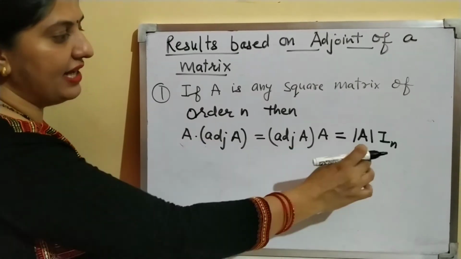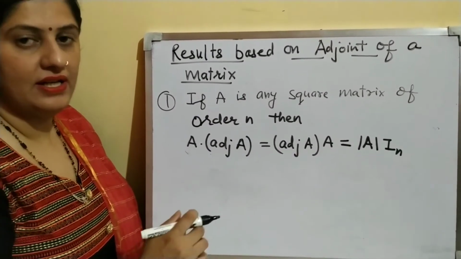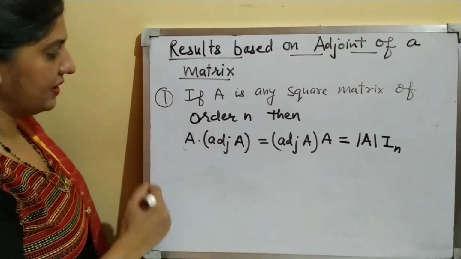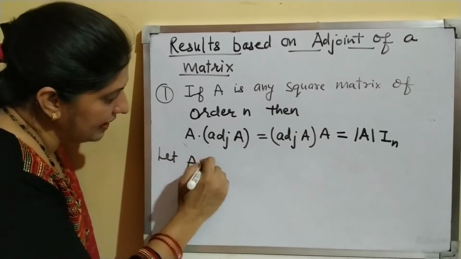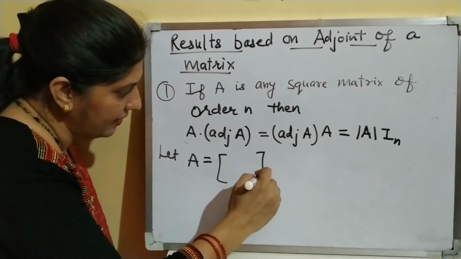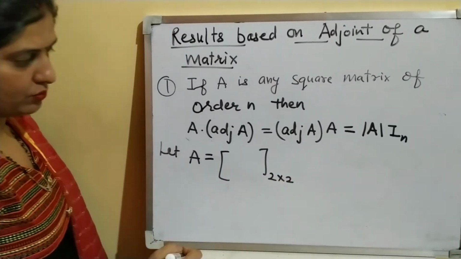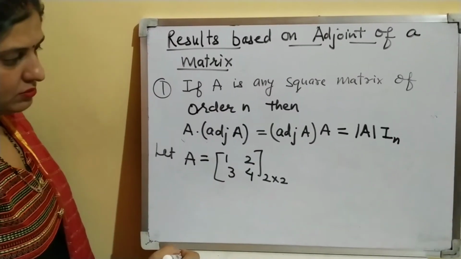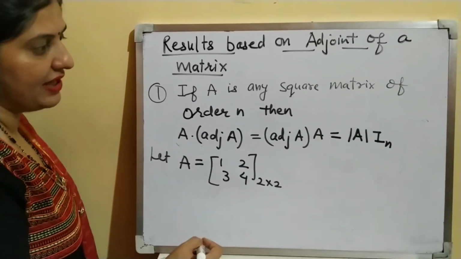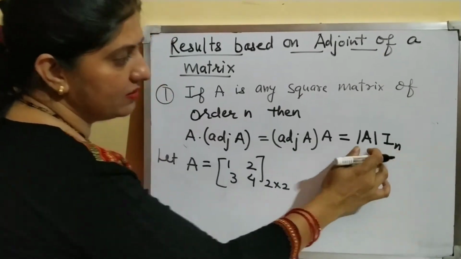We can verify this result with the help of an example. See here. Let A is equal to any matrix of order 2 by 2 with entries 1, 2, 3, 4. Then you have to verify the result 1.